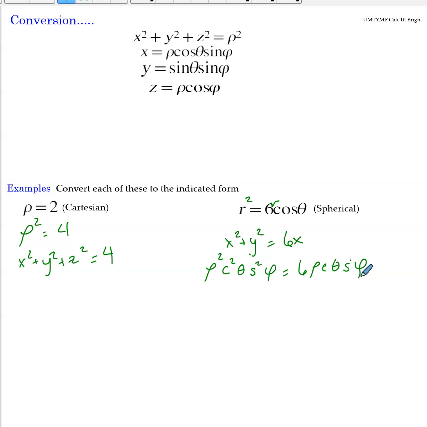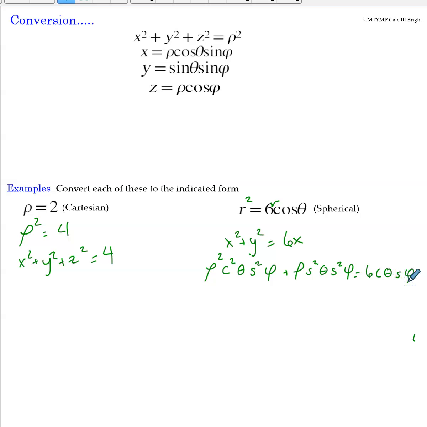Oh, and I forgot about the y, so let's redo this. So plus rho squared sine squared theta sine squared phi is equal to 6 rho cosine theta sine phi.